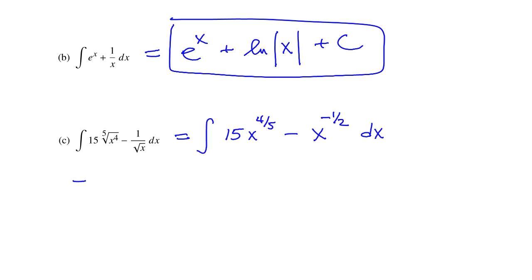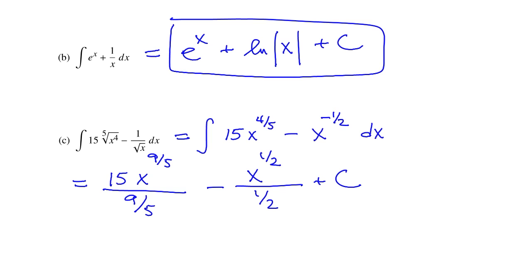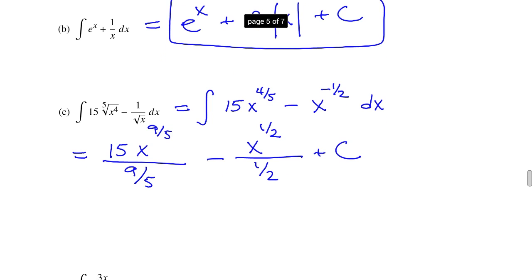Now we can integrate. So we're going to add 1 to the power. It's going to give me 9/5 divided by 9/5. And then we're going to add 1 to this power. Negative 1/2 plus 1 is positive 1/2. And so then we divide by that new 1/2. Then we're going to simplify this by multiplying by their reciprocals.